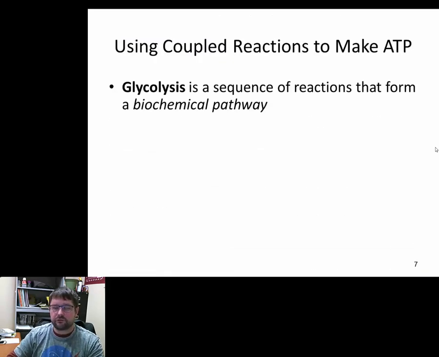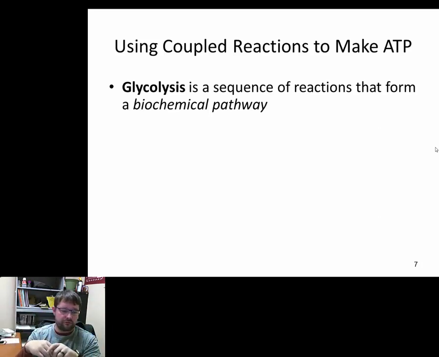Alright, so glycolysis is really just a sequence of proteins that occur in the cytoplasm, and these proteins are part of a biochemical pathway. If you remember when we were talking about biochemical pathways, that means that the product of one enzyme is the substrate of the next enzyme, and on and on.